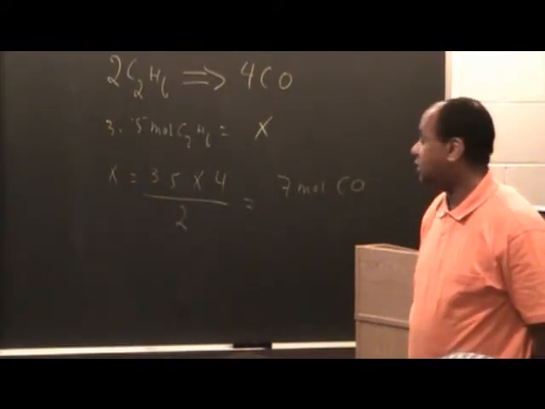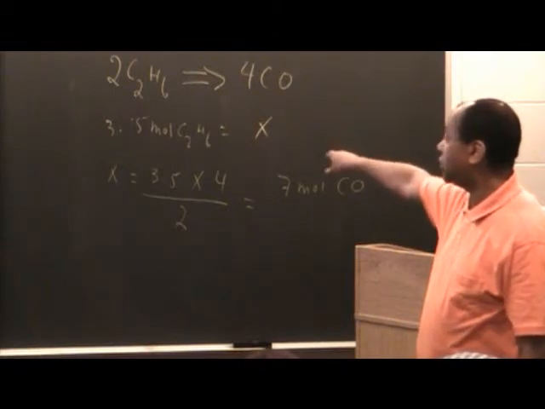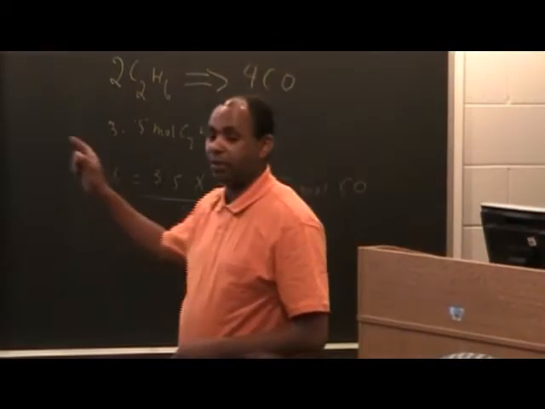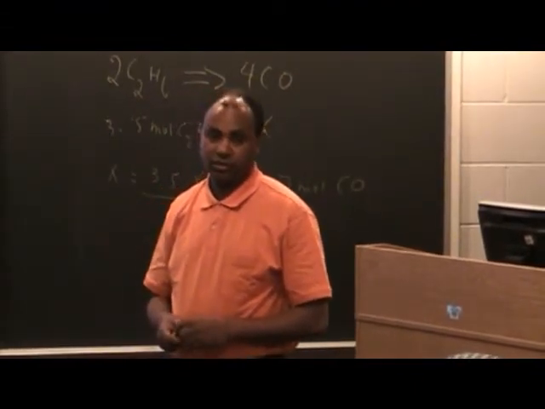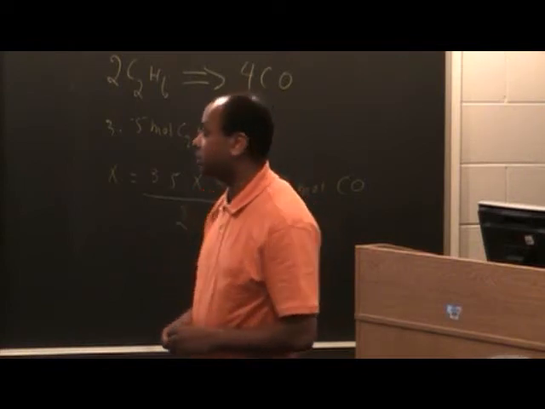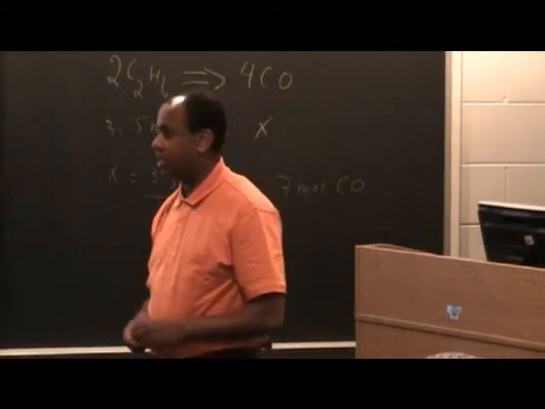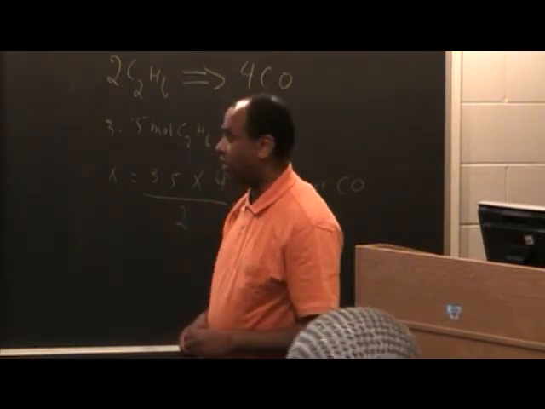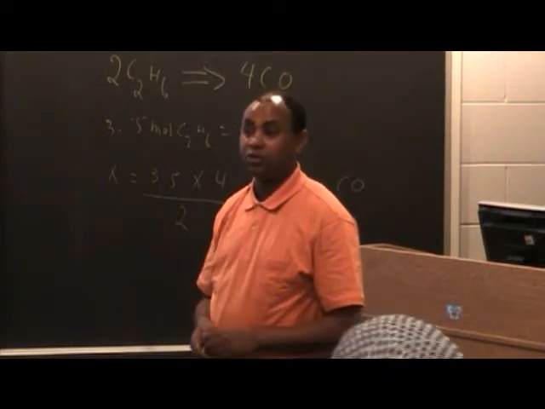So that calculation is not possible if you don't have a balanced chemical equation. You can't answer how many moles of carbon monoxide can be generated from 3.5 moles of C2H6.